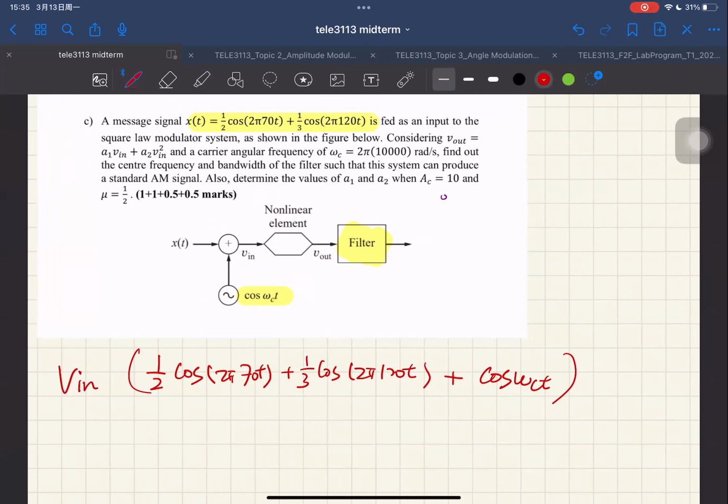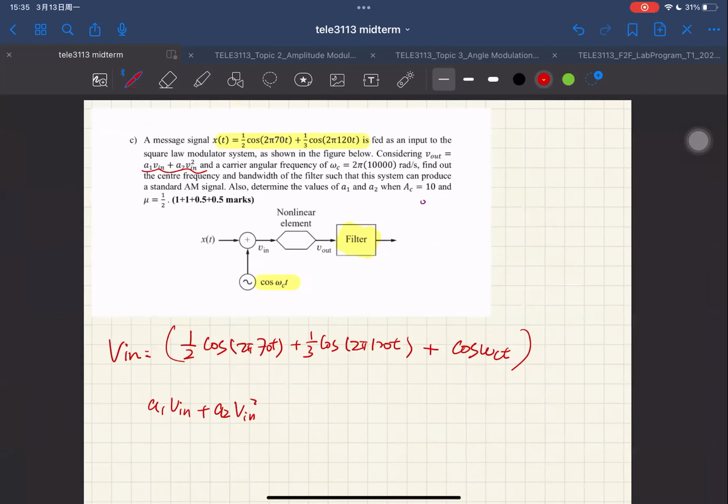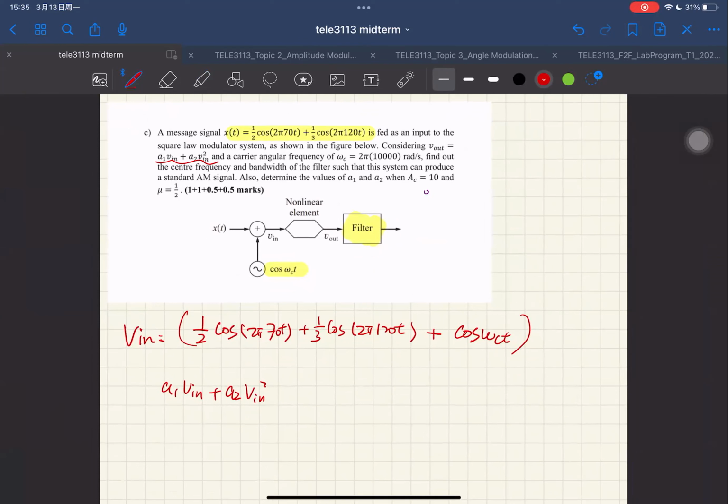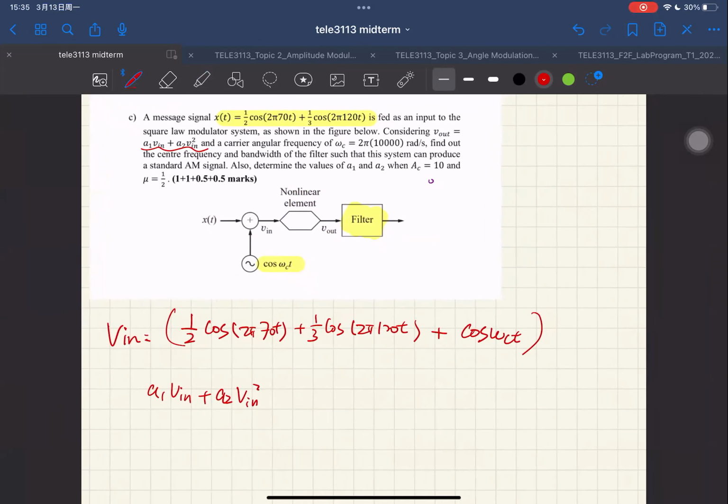This is your V in, because the output is in the form of A1 times V in plus A2 times V in squared. Everyone then tries to square this whole expression, multiply by the constant A2, and add A1 times V in. That makes the expression very long and makes this question very hard to do. So this is a trick.